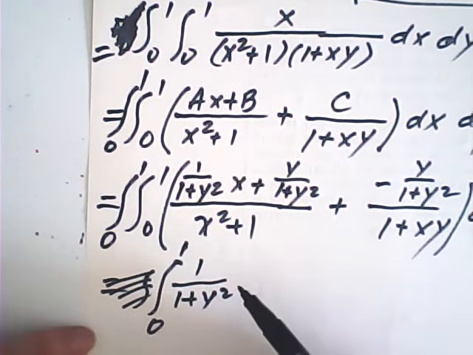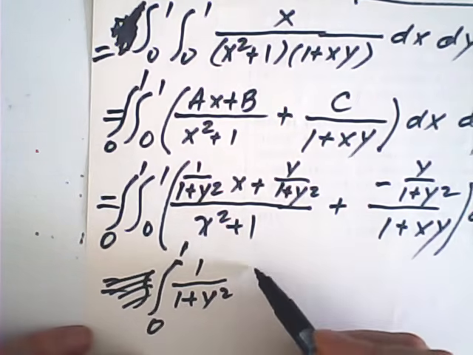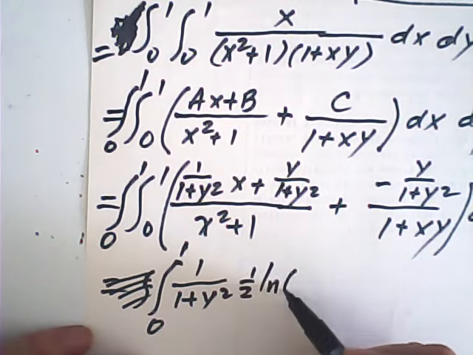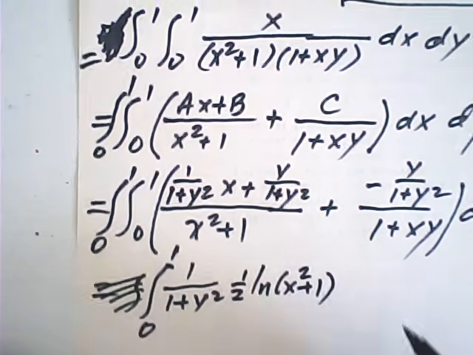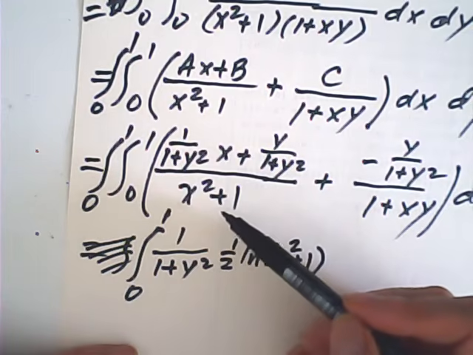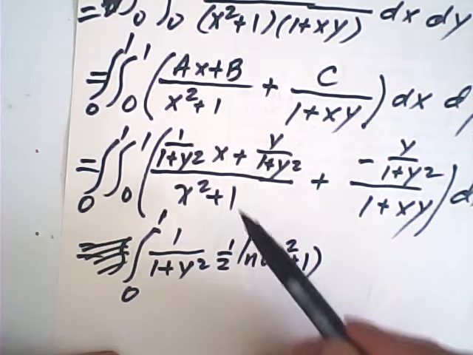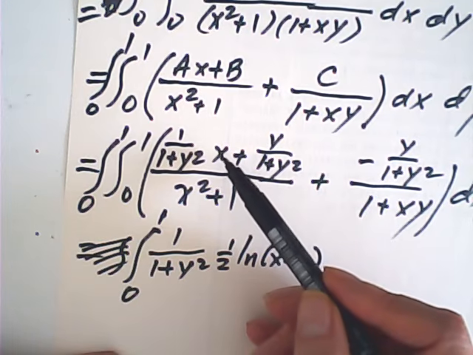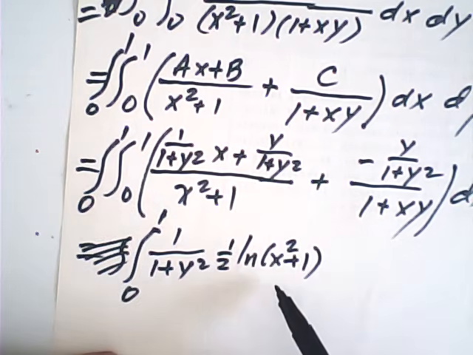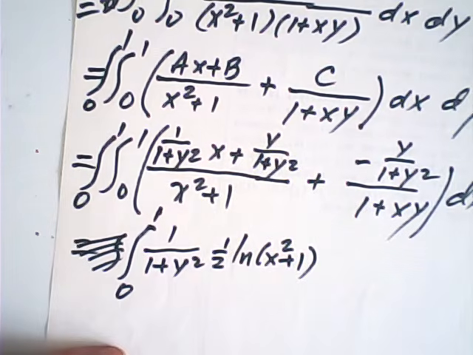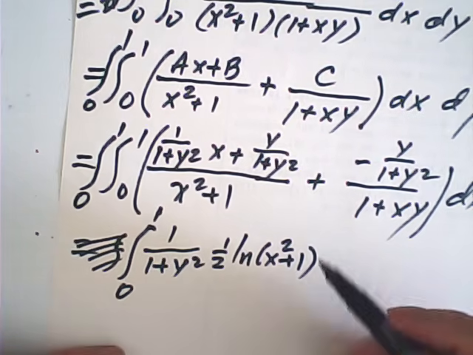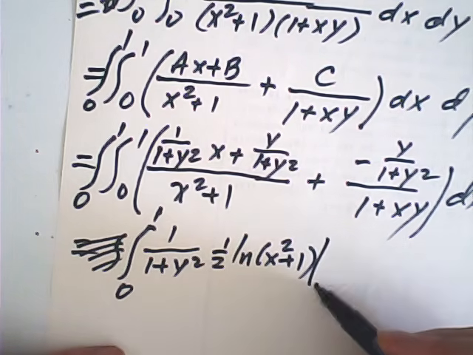This integration is equal to 1/2 log of x squared plus 1, because x over x squared plus 1 dx is 1/2 d of x squared plus 1. So it becomes log, from 0 to 1.